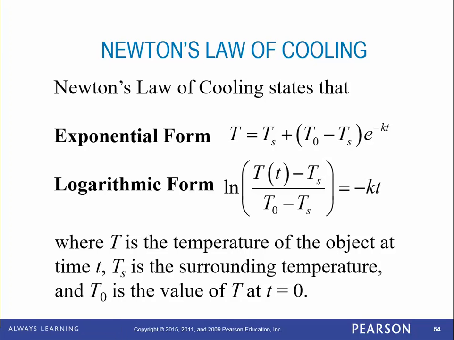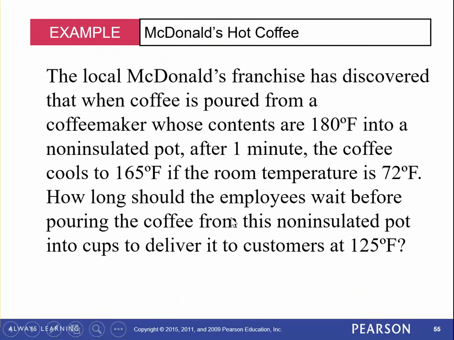If it's coffee, there's going to be an exponential constant for coffee. If it's ice cream, there's an exponential value for ice cream. So whatever the substance is, each one of them has an exponential constant here.